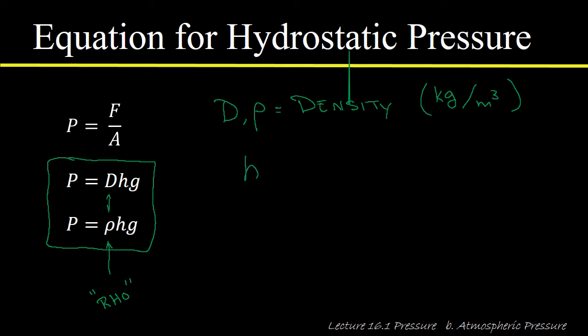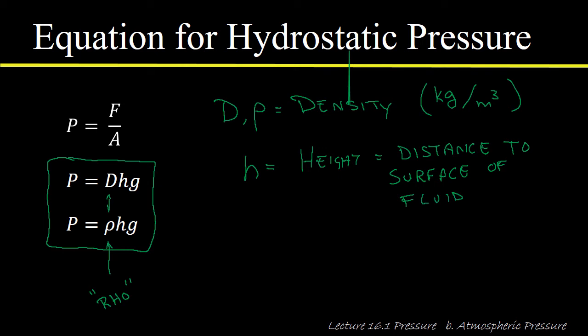H is the height or distance to the surface of the fluid, and that can be in meters. And g, of course, is just 9.81 meters per second squared.